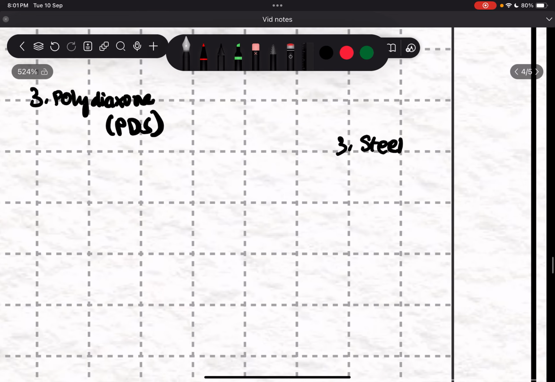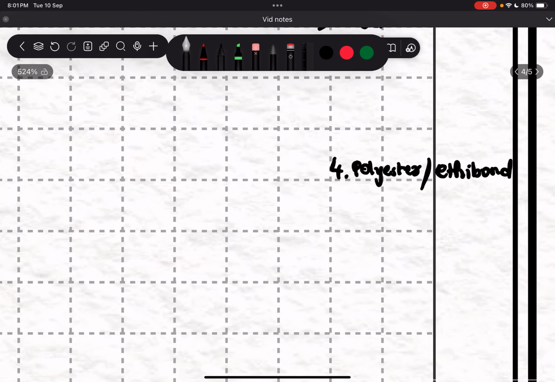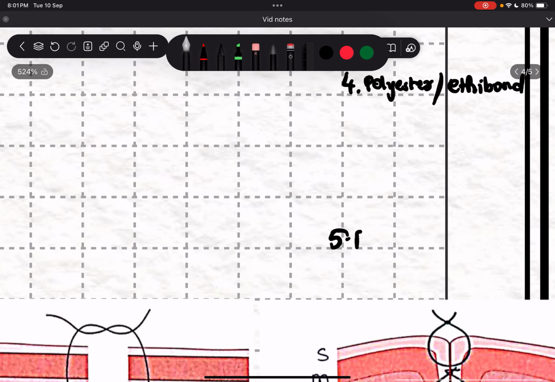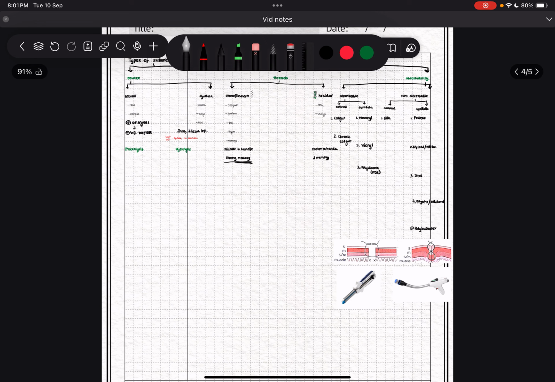Then we have polyester or ethibond. Then we have got polybutester. With this, we have completed the types, just the classification.